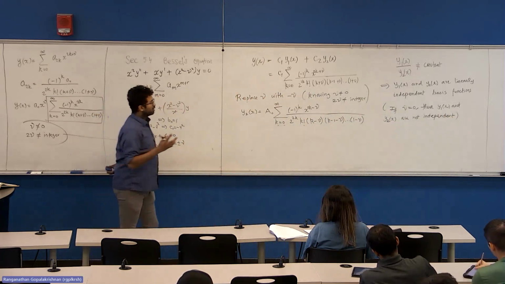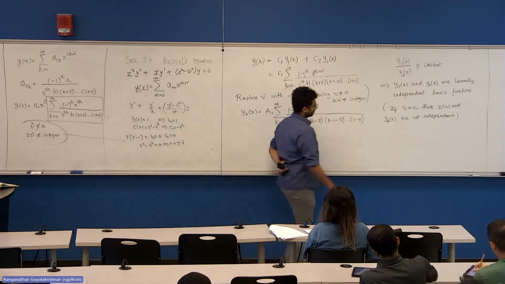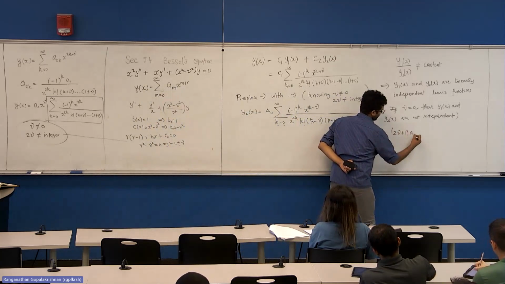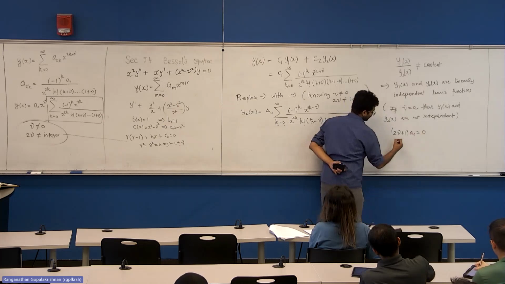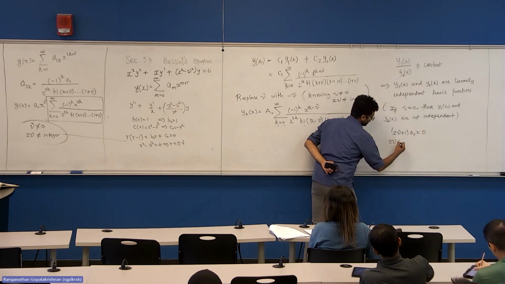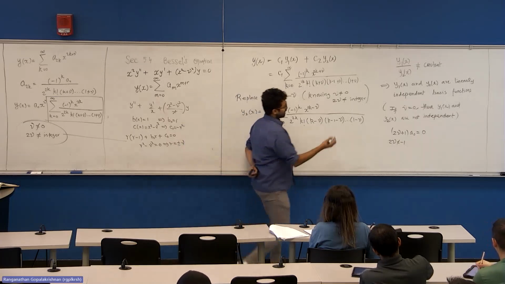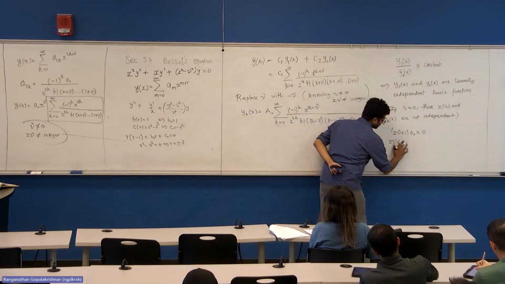And when we were doing the derivation, at one point we assumed that (2 nu plus 1) times a naught is equal to 0. So we assume that 2 nu is not equal to minus 1. So that is the other condition, that 2 nu is not an integer.